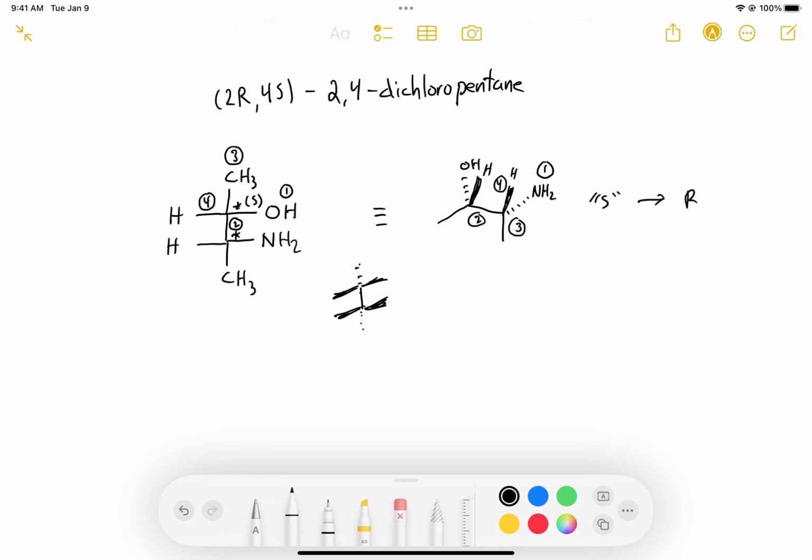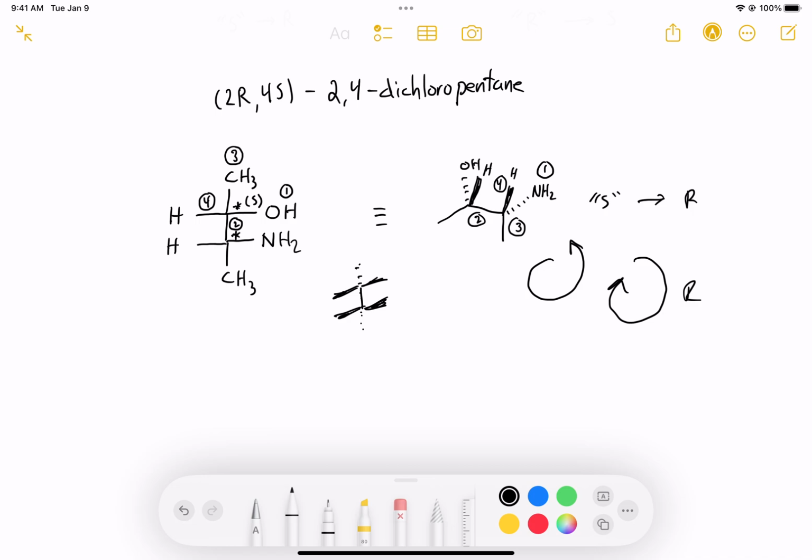So the thing with the right hand rule is that clockwise and anti-clockwise is no longer apparent. So you just refer to your right hand or your left hand. R is right and S is left hand. So if we use our right hand rule, it actually works now. It's R. And if we go by the method you learned in class, it looks like it's going counterclockwise, right? 1, 2, 3. But the hydrogen is wedged, so it's actually the other way around. So R.